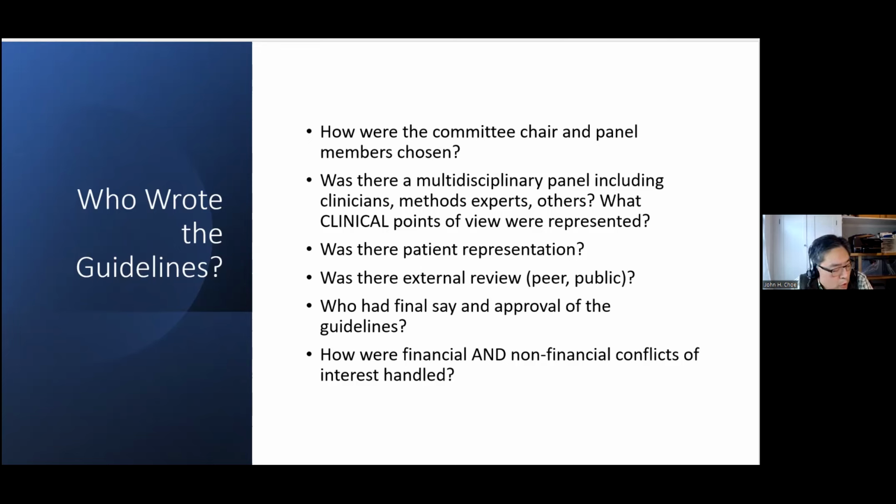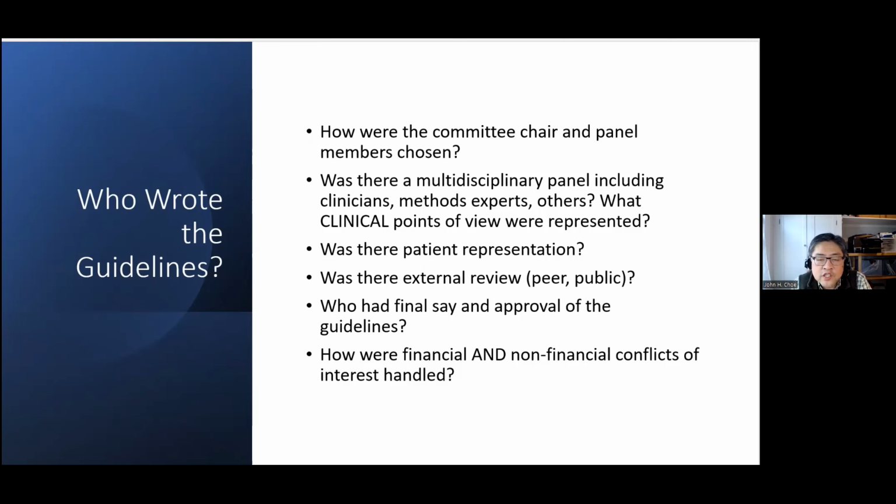Did they have methods experts, people like statisticians who are expert in understanding the research? And, I think we increasingly recognize the shortcomings of a lot of practice guidelines when we weren't doing this: is there actual representation from the groups that are affected by the guidelines? Who's at the table in terms of the patients?